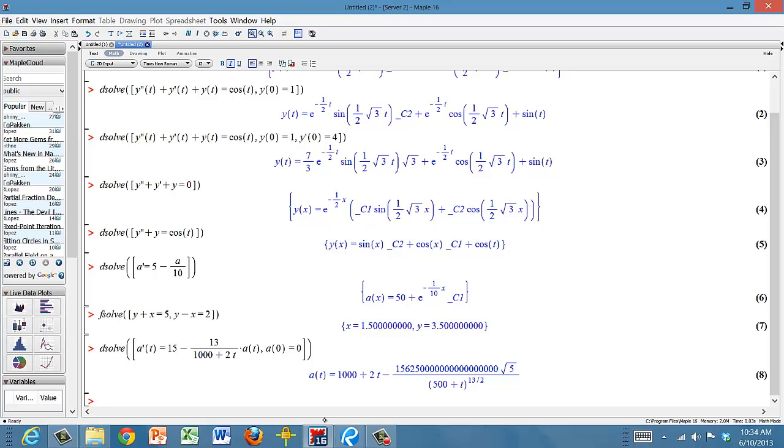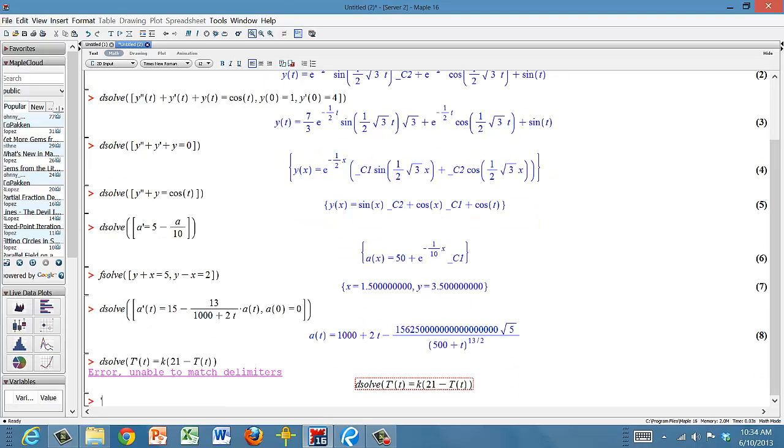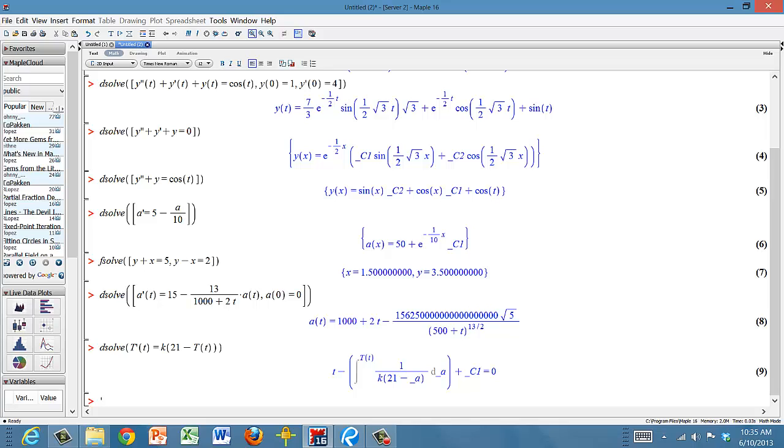We want to dsolve T prime of little t equals some constant times 21 minus capital T. I didn't have enough parentheses there, and I need a times sign here.